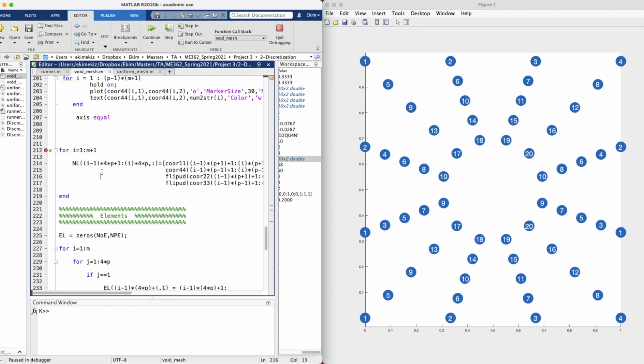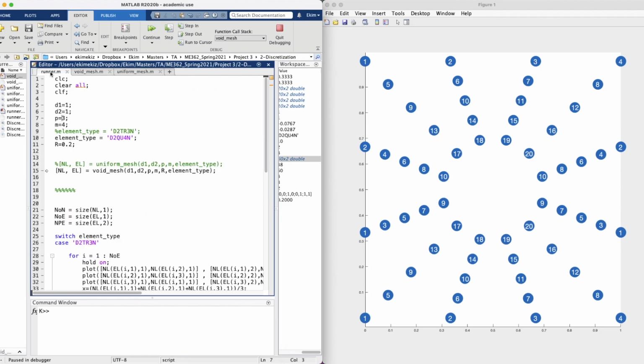Okay, so I minus 1 times 4p, when I is 1, this is 0. So plus 1 is just 1. And then we have I times 4p here. So I times 4p is, well, exactly 4p.